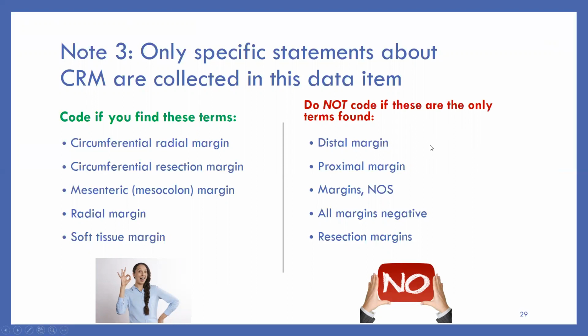If it says distal or proximal or margins NOS, that does not fit this field. Even if they just say all margins are negative, or the resection margins are negative, that is not enough to code the CRM. It must be explicitly stated for this data item to be coded.